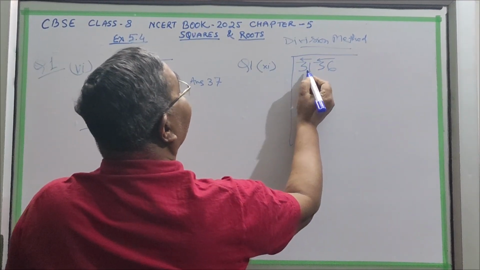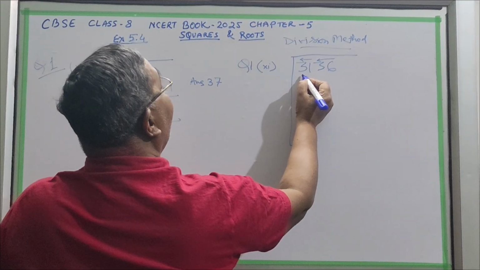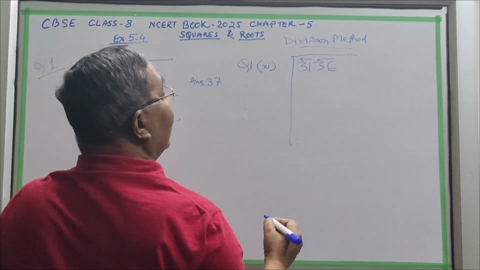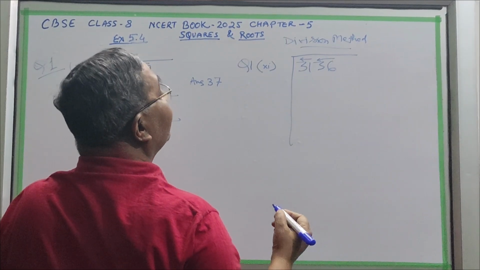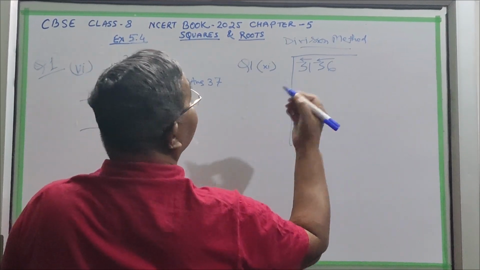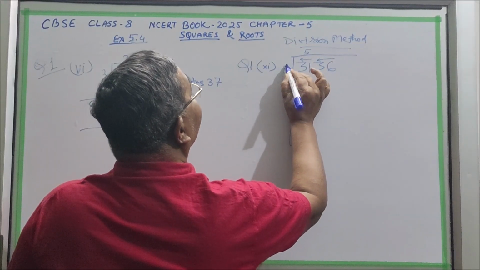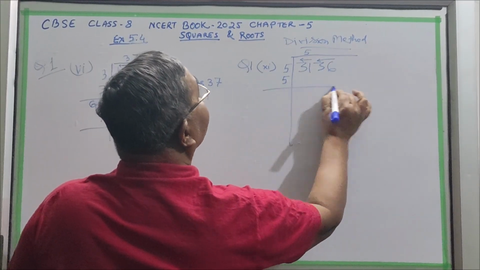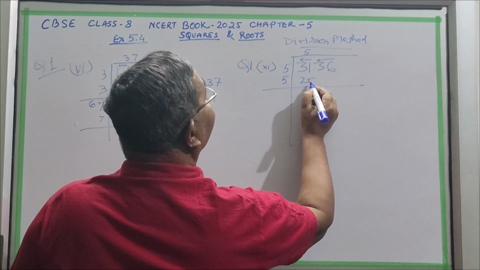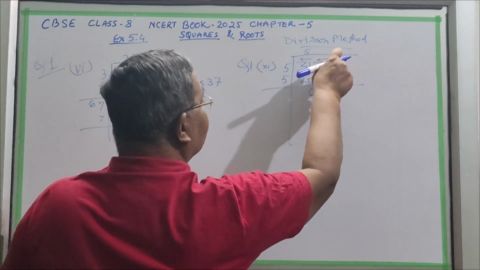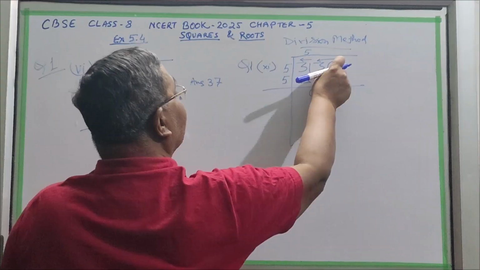So here you have to find a number whose square does not cross 31, like 4 4s are 16, 5 5s are 25, and 6 6s will exceed. So 5 we will take, and 5 5s are 25, then we will reduce. So 6 will come. These two numbers, the next pair of numbers, come down.